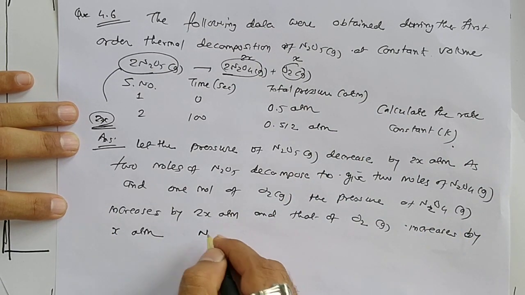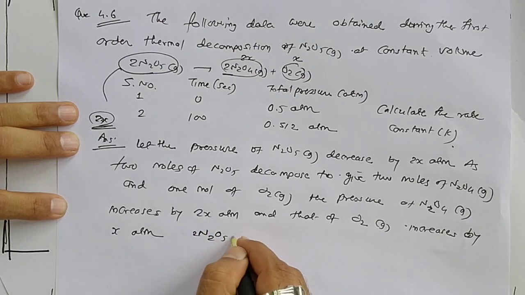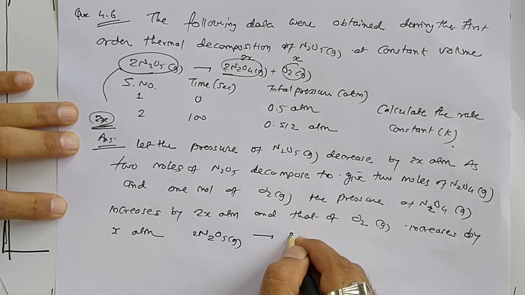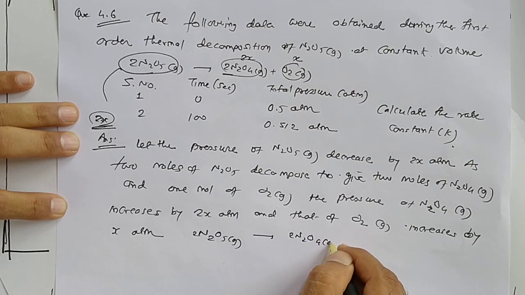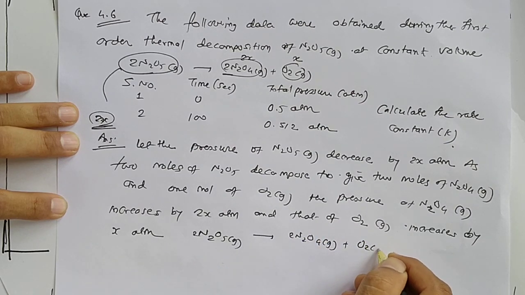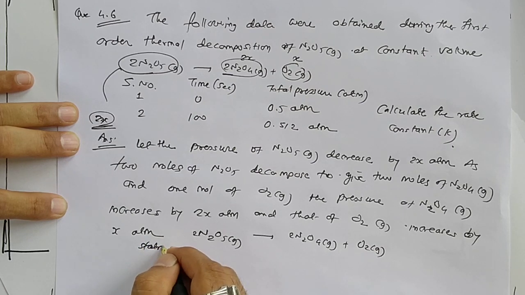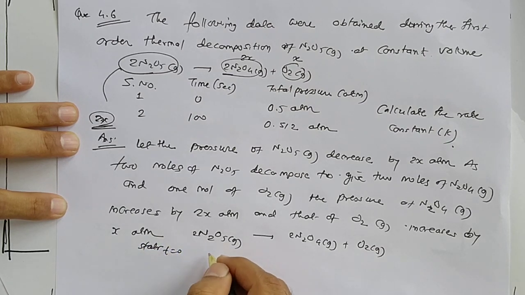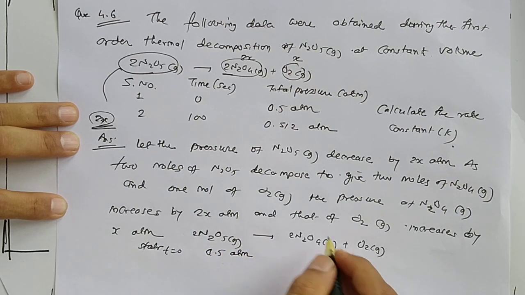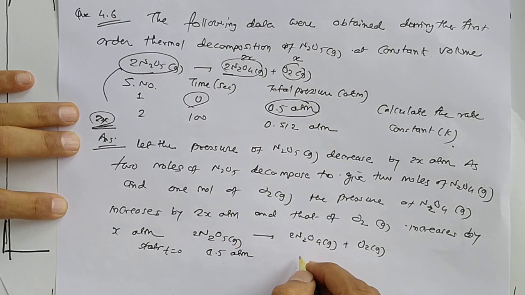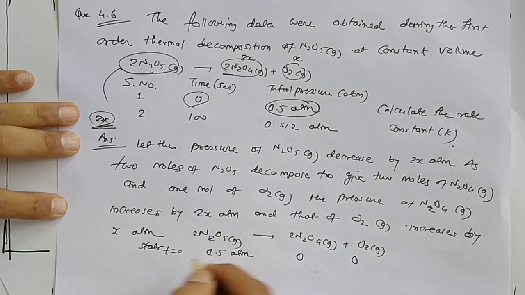Now 2 moles of N2O5 gas gives 2 moles of N2O4 gas plus O2 gas. At starting, 0 time, this is 0.5 atmosphere, and the others are 0.